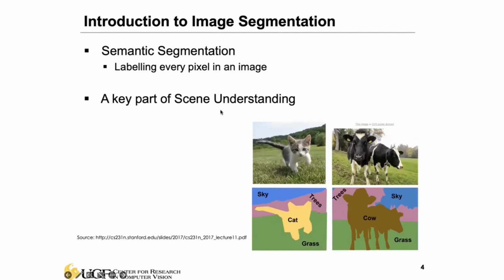Formally, for semantic segmentation, we want to label every pixel in an image, so we assign a label to each pixel. For image classification, we just assign a label for the entire image. We don't care about a more refined label for each pixel within the image.